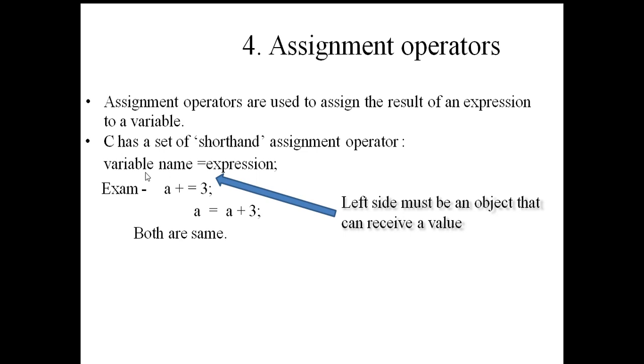So a plus equal to 3 is simply the same as a equal to a plus 3. The left side must be a variable that can receive the expression value. Both are the same, and the result is the same.